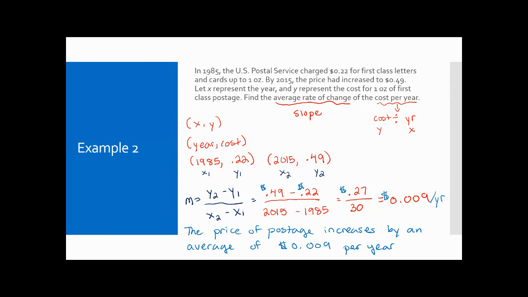So slope tells you the steepness of a line, but it also tells you how much something is changing. So if you have anything in real life where you have something changing and it's increasing by some amount or decreasing by some amount, and you want to know how much it is increasing over a certain amount of time, so like per year, per month, salaries where you get paid per hour, those are all slopes or rates of change. So anytime you're paid on a salary or paid by an hourly rate, that is a slope.